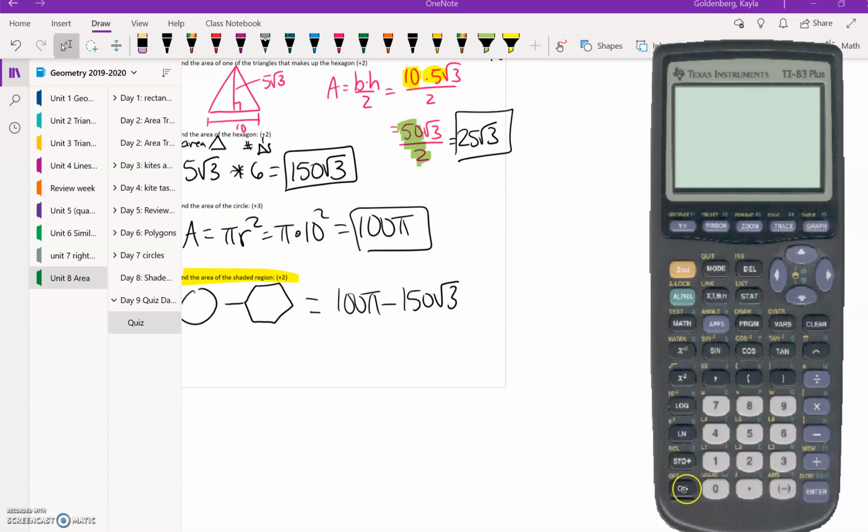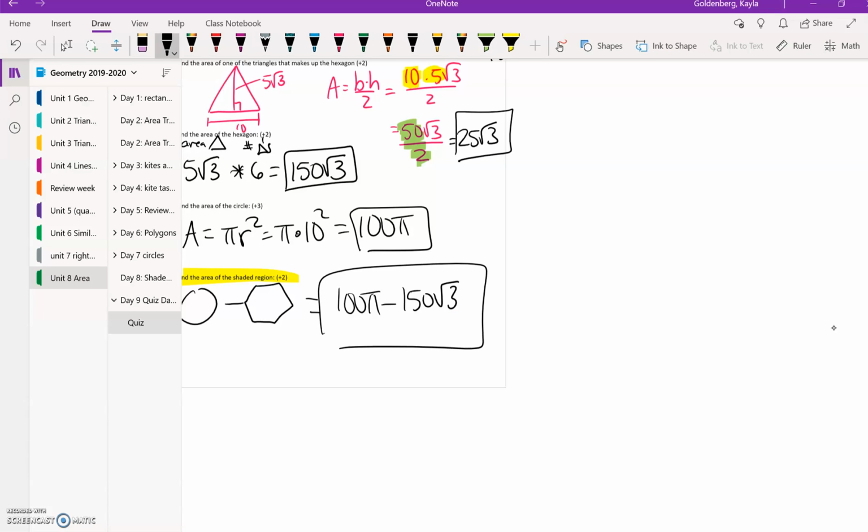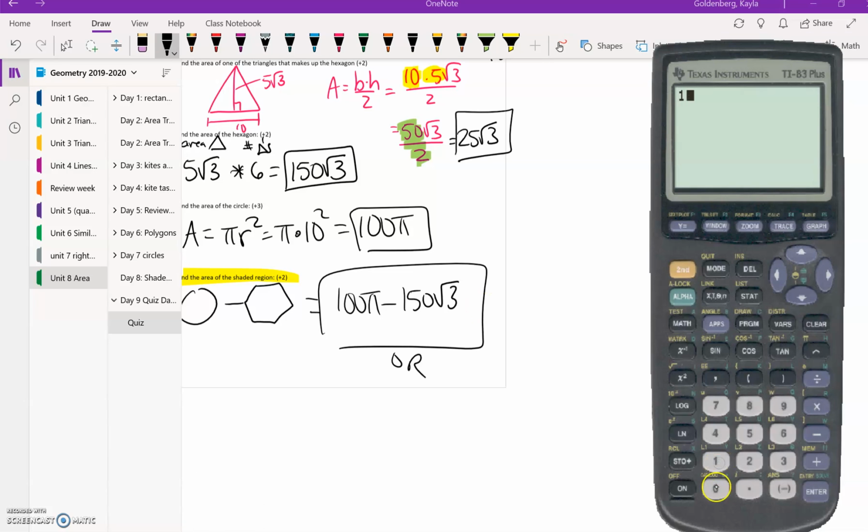So at this point, now I'm going to use my calculator. Now I'm going to round it. What I have written already, this would be your exact answer. Or the decimal answer would be 100 pi. And I'm going to do that. And that makes sense, right? Because if I'm doing 100 times 3.14, it makes sense that you would move the decimal place over a couple spaces.